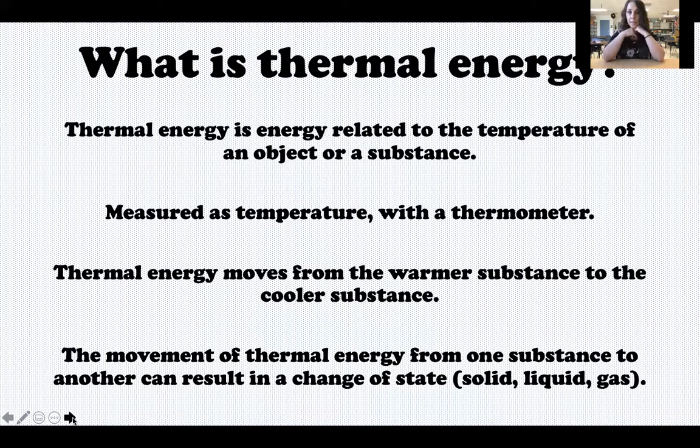That's because in hot objects or hot substances, the molecules move faster. The faster they're moving, the higher the temperature is. So essentially, when you're measuring temperature, you're measuring how fast the molecules are moving. And that's what we call thermal energy. And then as they cool off, the molecules slow down. So the colder it is, the slower the molecules are moving.